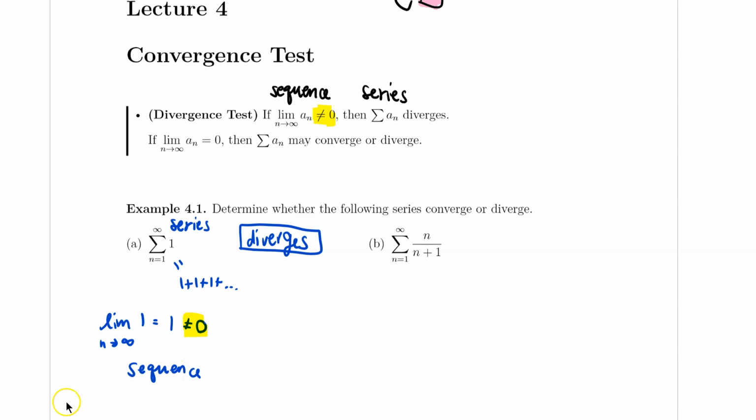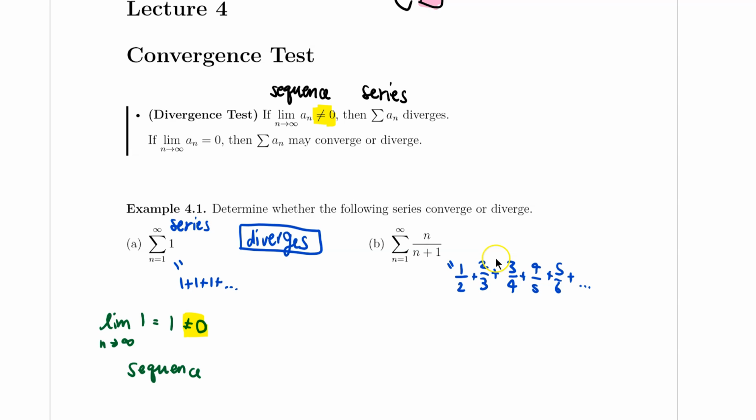So let me change the color to make it stand out. Okay. So if I take a look at the next one, I'd like to find whether the sum of n over n plus 1, when n goes from 1 to infinity, converges or diverges. If I were to write it out, it's going to be 1 over 2 plus 2 over 3 plus 3 over 4 plus 4 over 5 and so on.